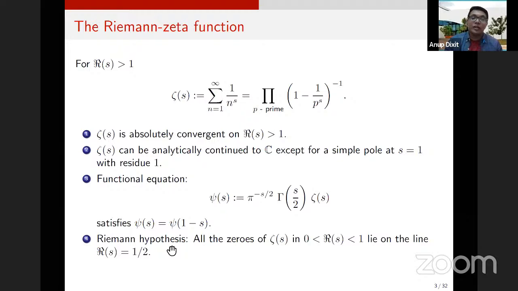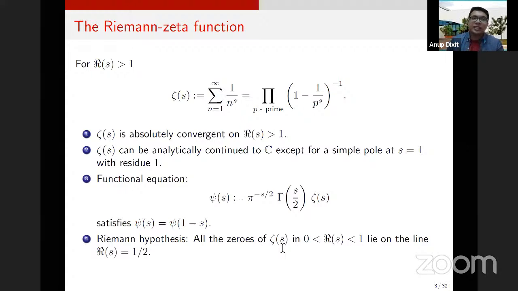So some functional data, the value distribution of this complex function, captures arithmetic information on natural numbers. In fact, the prime number theorem itself is a consequence of the fact that the zeta function doesn't vanish on real part of s equals 1, and it has a pole at s equals 1.